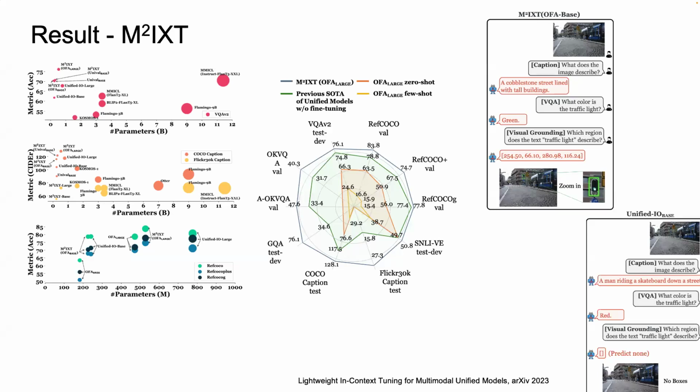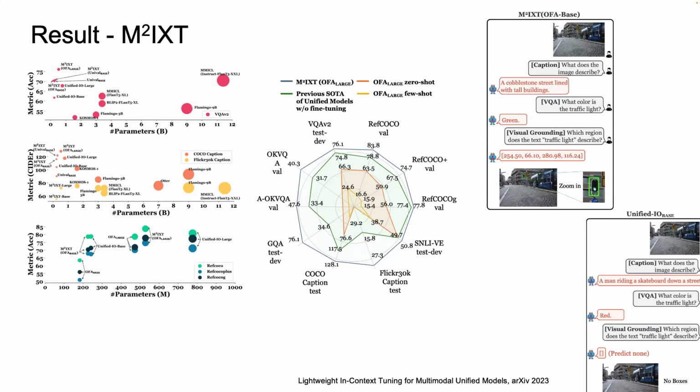So you can see that for the in-context capability, it outbeats the models at 3 billion to 9 billion, and it's also very comparable to other models like the MMICL, which is an 11 billion model.